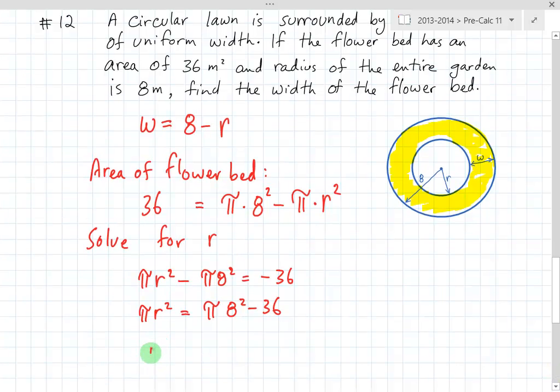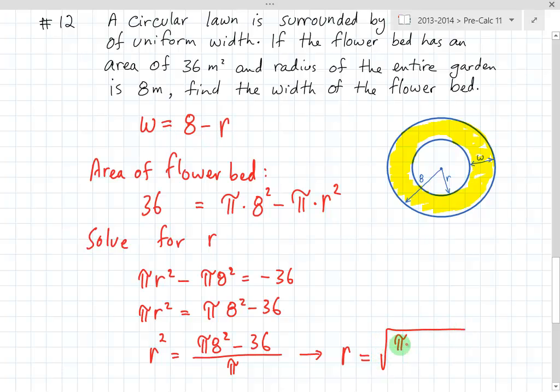Then I'm going to divide both sides by pi, so r squared is equal to pi h squared minus 36 divided by pi. But I don't care about r squared, I care about r, right? So I'm going to take a square root of both sides, so r is equal to square root of pi h squared minus 36 over pi, plus and minus.